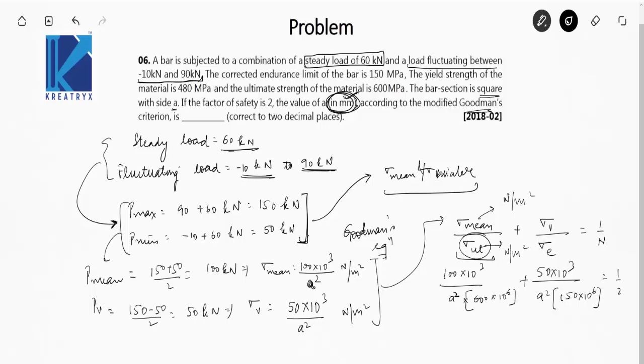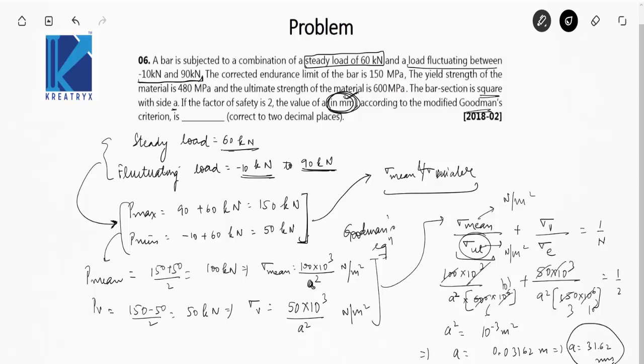So the 10 to the power 3 gets cancelled out, and we get 1 by 6, 1 by 3. Solve it, and you will get A square equal to 10 raised to power minus 3 meter square, which gives A equal to 0.03162 meters, and we have to fill the answer in mm, so A is equal to 31.62 mm.